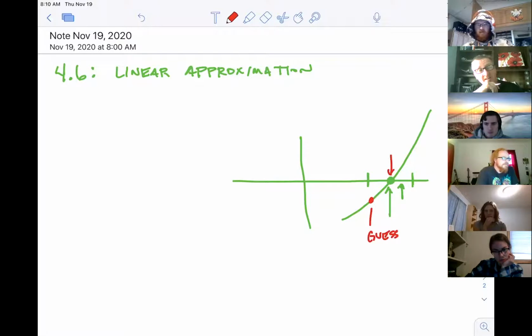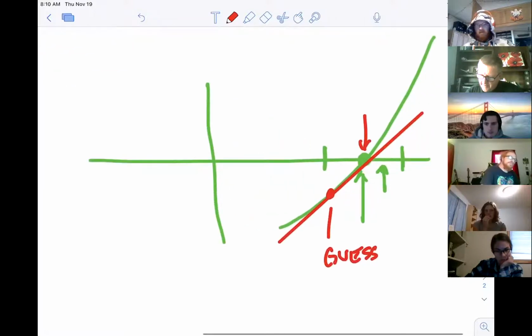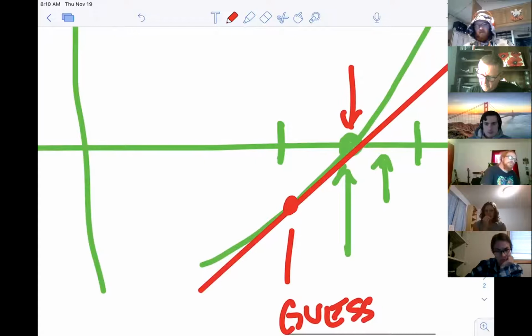But in your graphing calculator, you've got to give it a guess. And so this is kind of what's happening: if you give it a guess, what it's doing is finding the equation of a line through your guess. And you notice by extension, that line actually hits really close to the right answer right there.